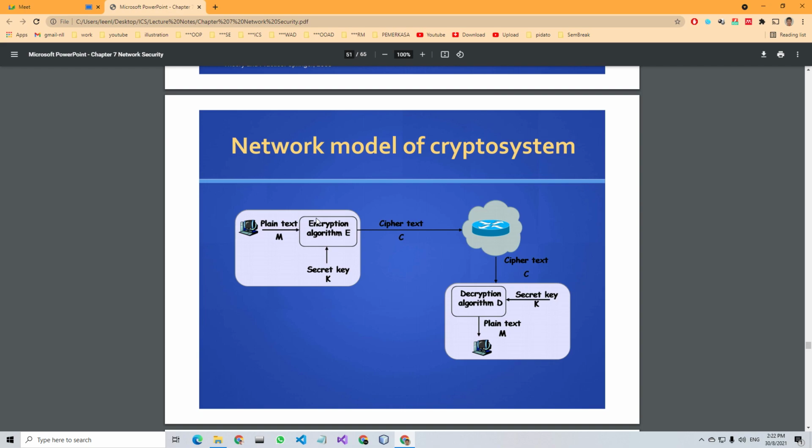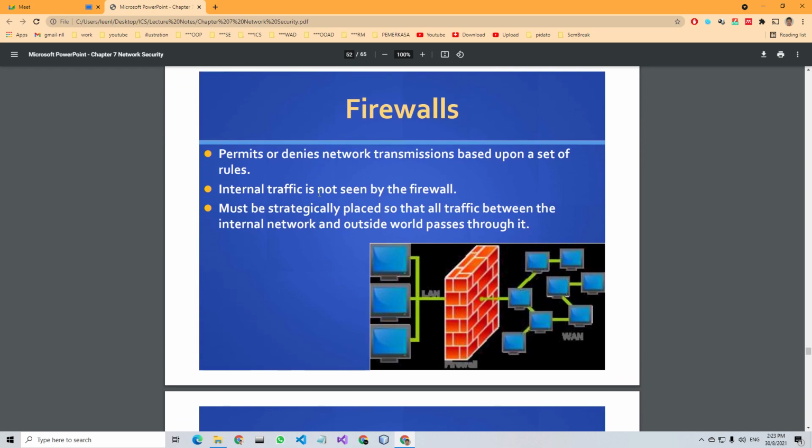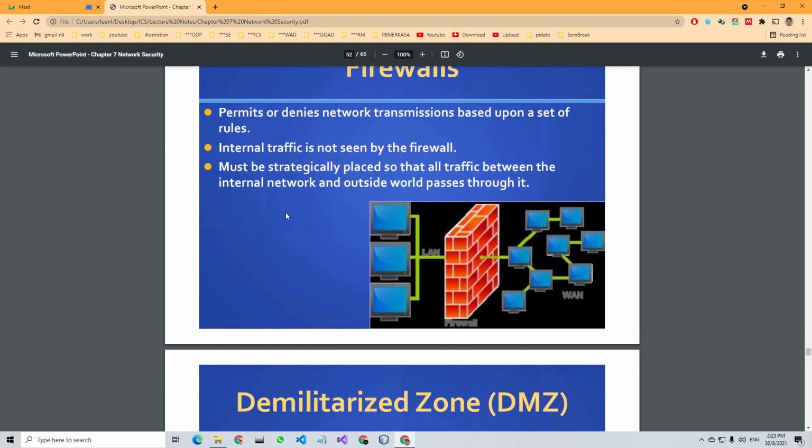Firewall. A firewall could be hardware, could be software. So basically, what is a firewall here? Let me look at the bullet here. It permits or denies network transmission based upon a set of rules.